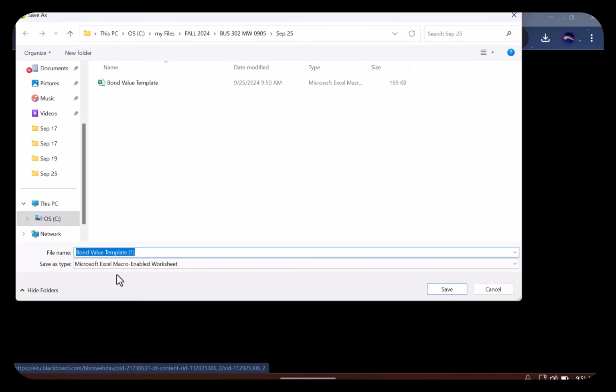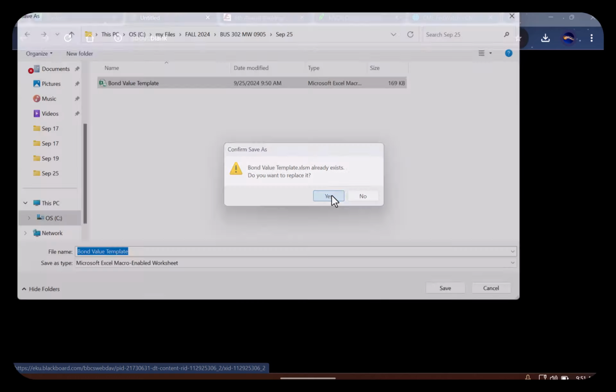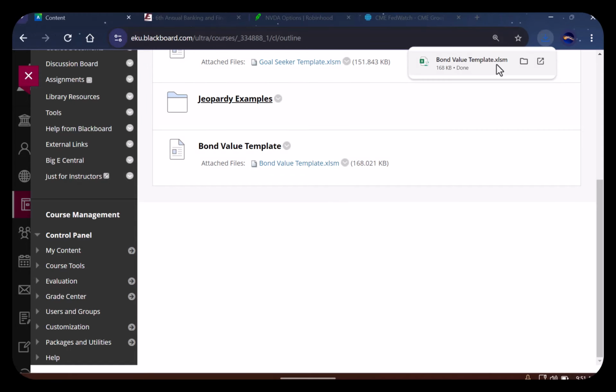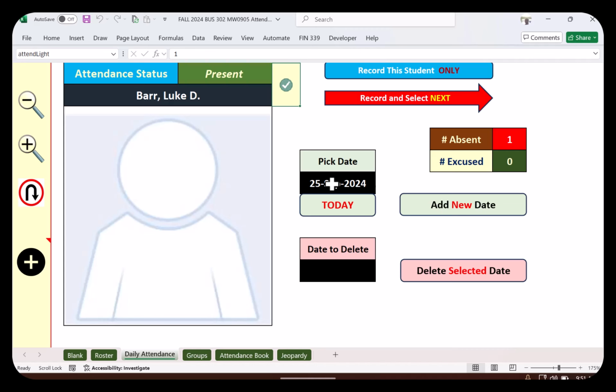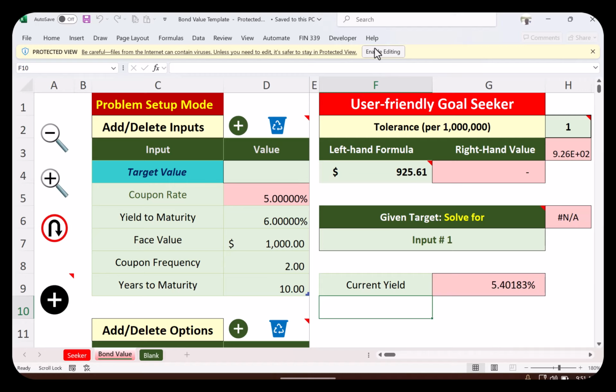Again, I'm going to open it. It's going to protest again.